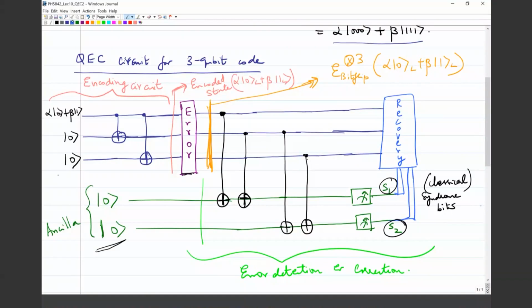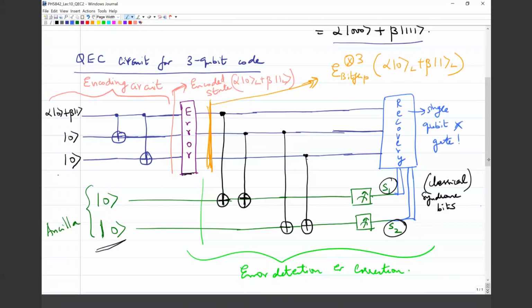It can detect single bit flip errors. And once you have detected where the error is, you simply go back and fix it by undoing the X operation, right? The error operator here is a unitary operator. So what this recovery does is simply a single qubit X gate, right? Depending on what the syndrome bit said.